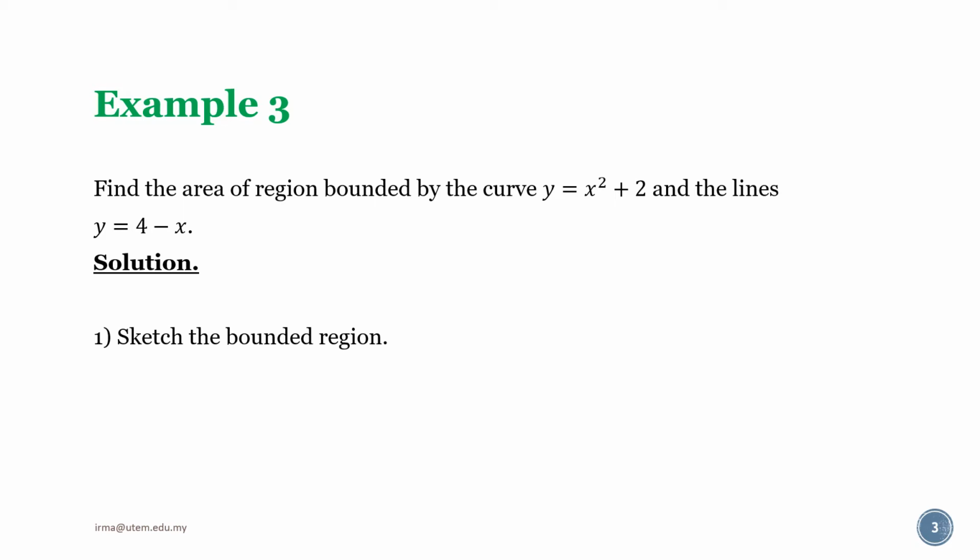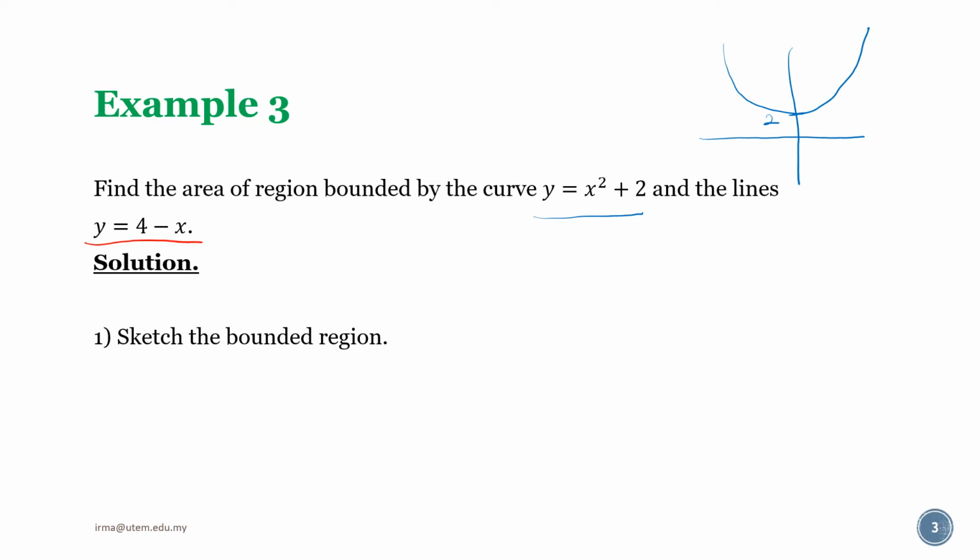We have y equal to x squared plus 2. This is x squared, the smiley face, but you have plus 2, so you will have something like this, with 2 over here. Another one is y equal to 4 minus x.